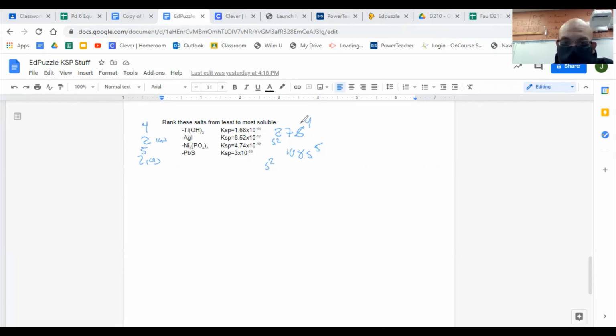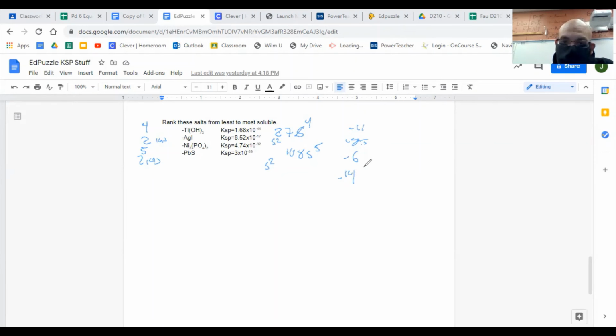So now we're just going to take our exponent and divide it. Negative 44 divided by 4 is negative 11. Negative 17 divided by 2 is negative 8.5. Negative 32 divided by 5 is negative 6. And negative 28 divided by 2 is negative 14.